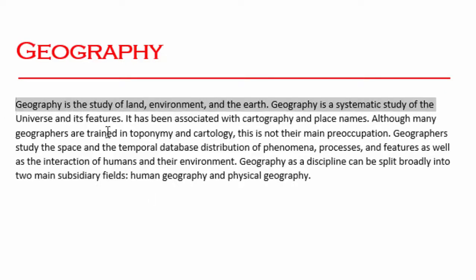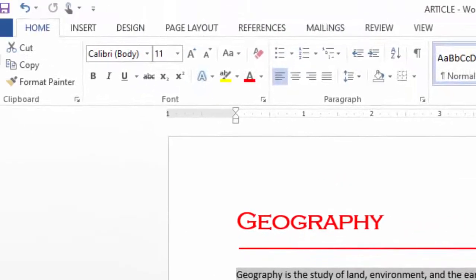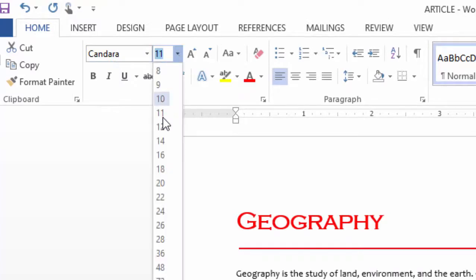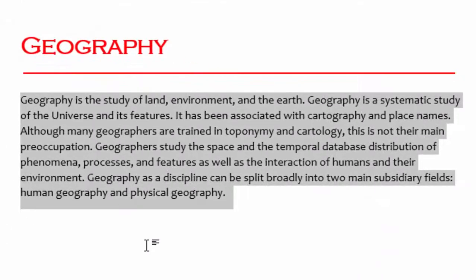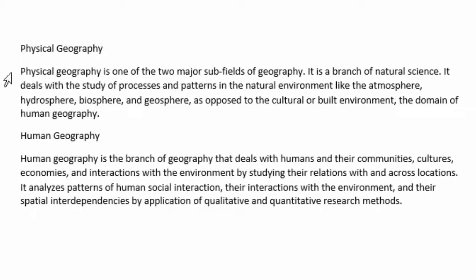So I'm going to select all of my text here, and I'm going to choose a Candara font. If you know the name of the font, you can as well type directly like that. And I will choose this size 12. That is okay. I will go to the next page.